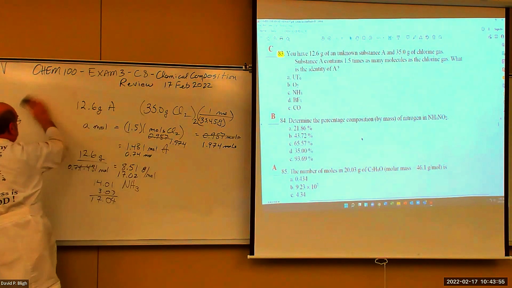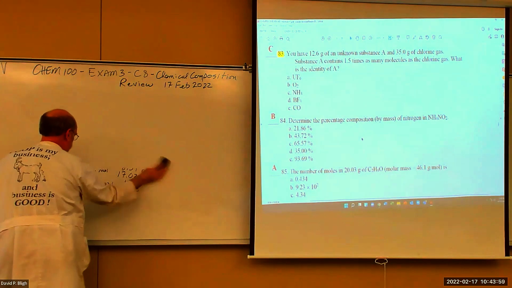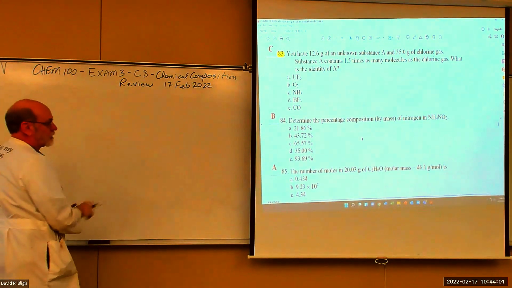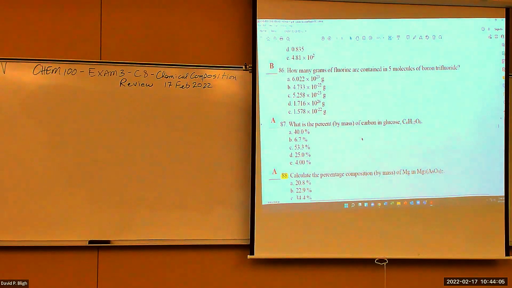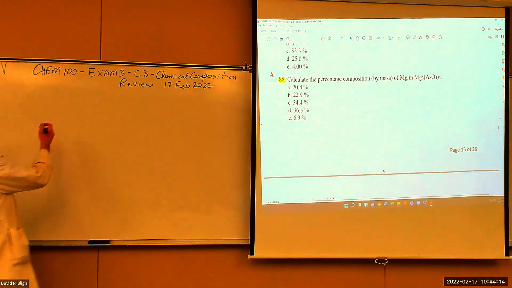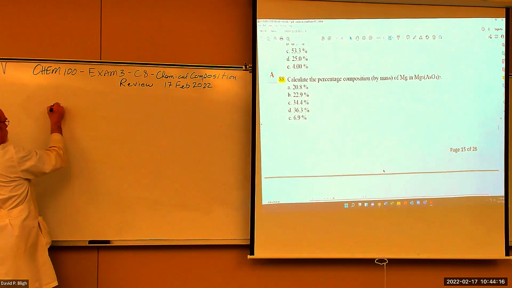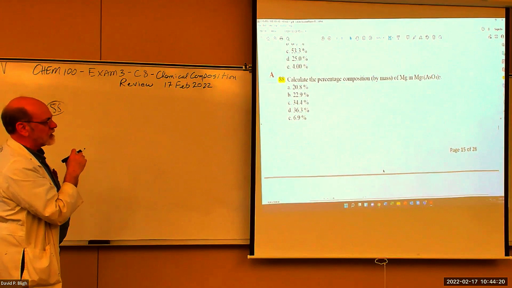All right, 83. 88 needs to scroll. Calculate percent composition by mass of magnesium in this compound. Okay. This is fairly straightforward. We've done one like it before. Magnesium arsenate.